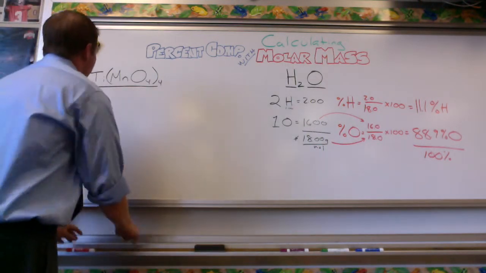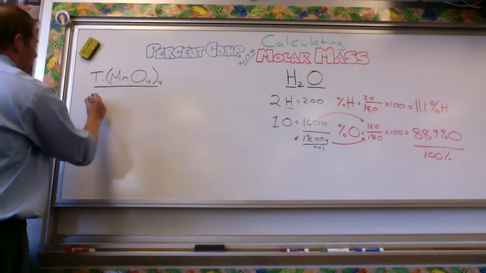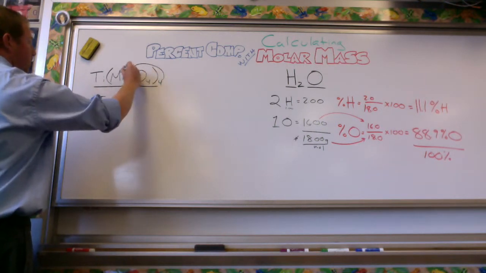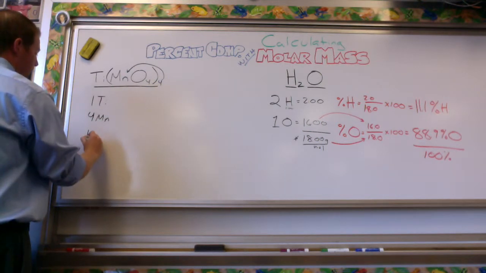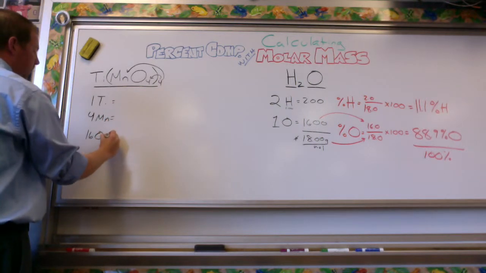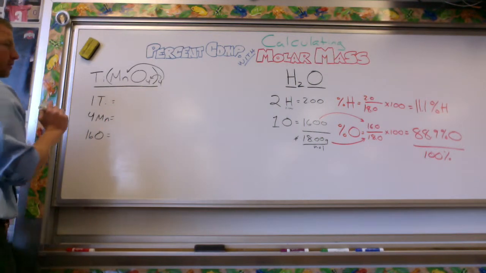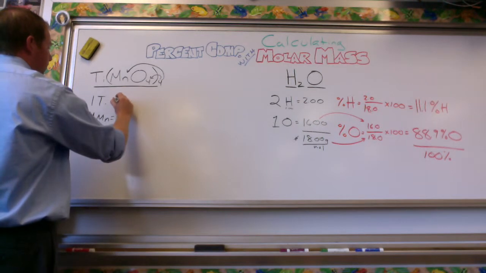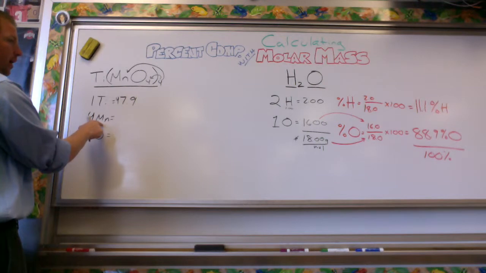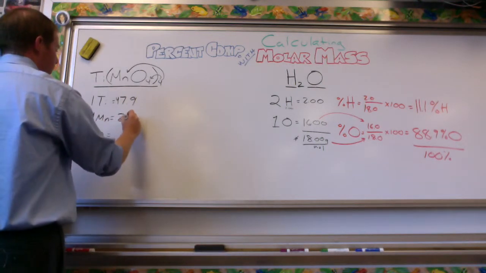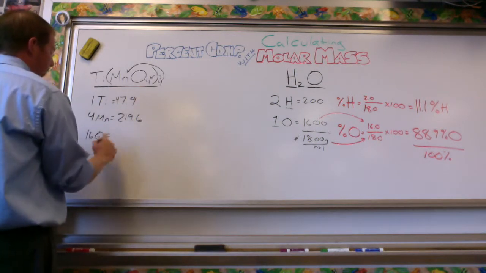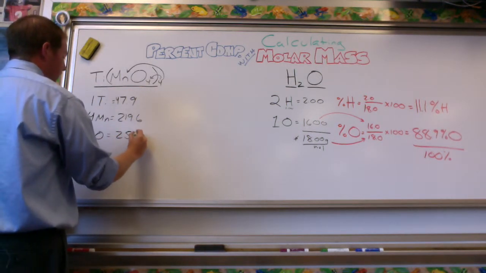All right? Let's do one more example. We'll do the same one from last time. So I have 1 Ti, I have 4 Mns because the 4 gets distributed, and I have 16 oxygens because it's 4 times 4. 1 times the atomic mass of Ti would give me 47.9. 4 times the atomic mass of Mn would give me 219.6, and 16 times the atomic mass of oxygen would be 256.